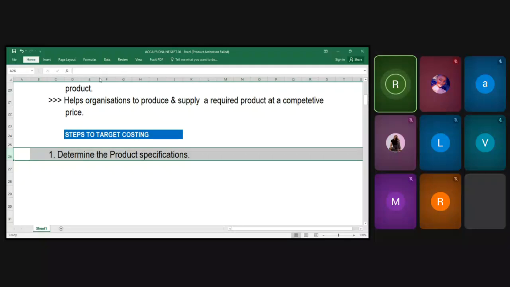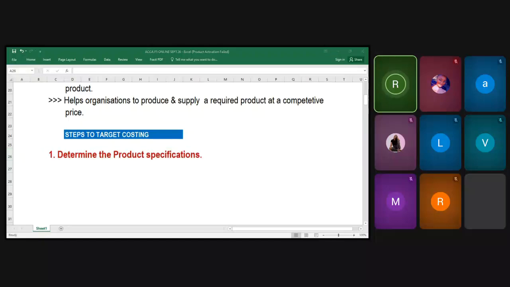So what is it that we do? We get to the market. We interview our customers. When we interview our customers, we want to understand the exact product that the customers do require. So in other words, we are saying understand the product required by customers.